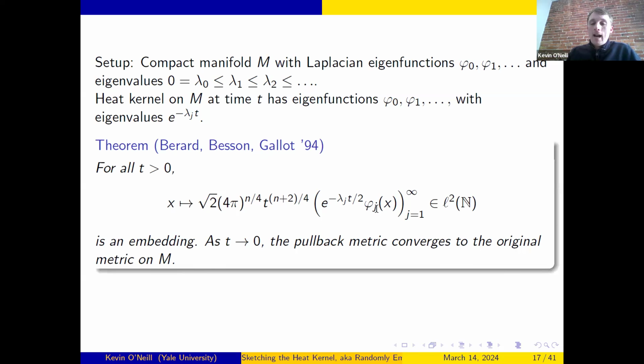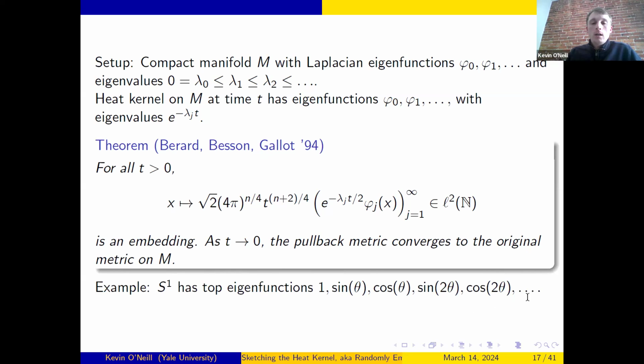Here you just have eigenfunctions and the eigenvalues of the heat kernel, which is exactly what we were doing for diffusion maps. It just goes to infinity because this is a nice theoretical result. And what it says is that the metric that we were talking about, this diffusion metric, if you zoom in really close, make it a Riemannian metric, and you let t go to 0, then yeah, you're approximating the distances to your original manifold as well as you'd like.